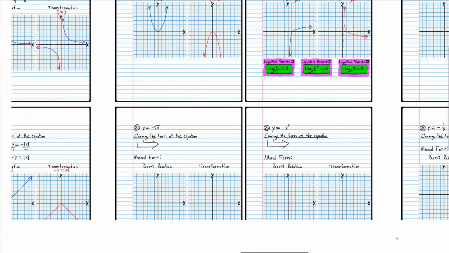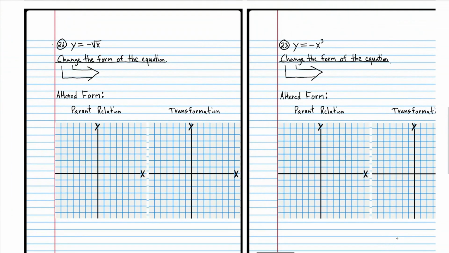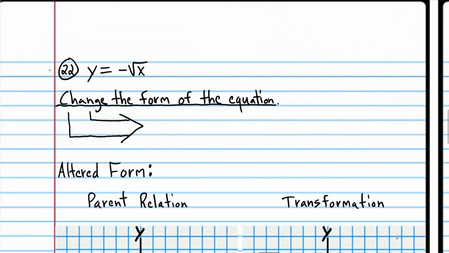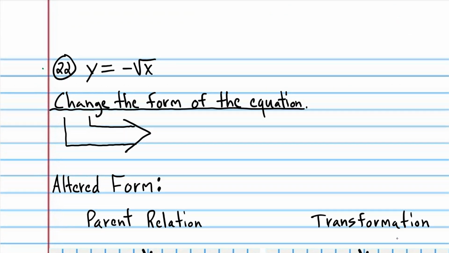Okay, on to number 22. Go ahead and try number 22. If you were going to write a negative on the x, you would have to put it inside the square root symbol. We're not writing a negative on the x, so we're not going to reflect across the y-axis. We have a negative written on square root of x, which means negative 1 times the square root of x.